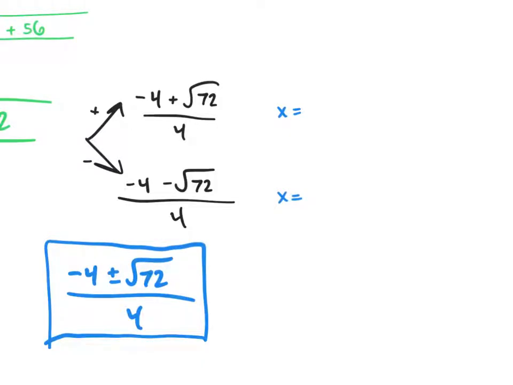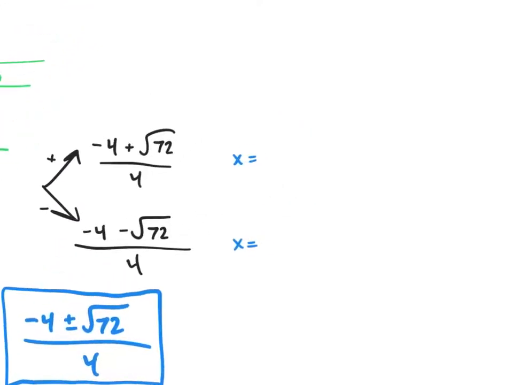And what you need to be careful about on your calculator is make sure, just like we talked about previously, that your numerator is done first. So you need to tell your calculator with parentheses to do -4 plus the square root of 72 first, and then divide it by 4.